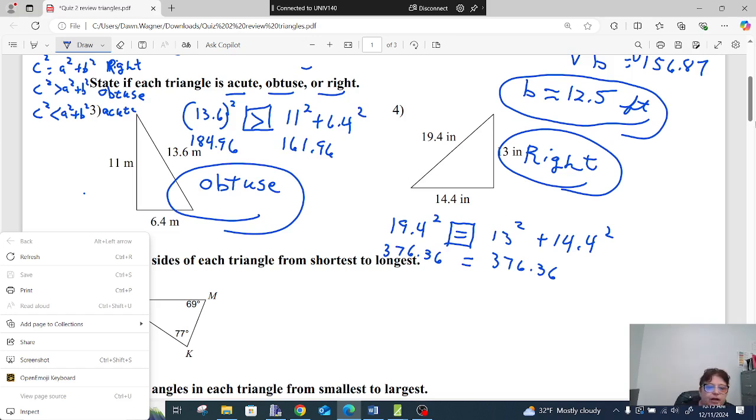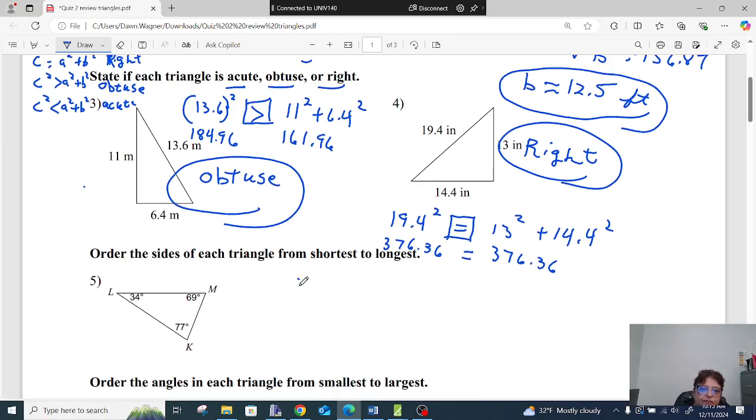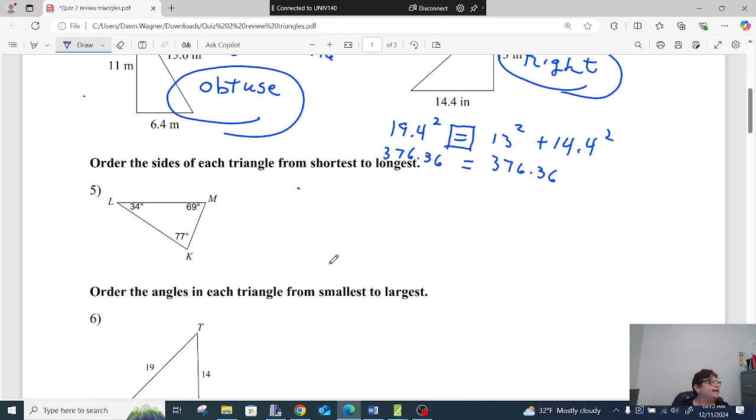Okay, so this next one. This is the hinge theorem. The hinge theorem states that across from the smallest angle, opposite the smallest angle, will be the smallest side.